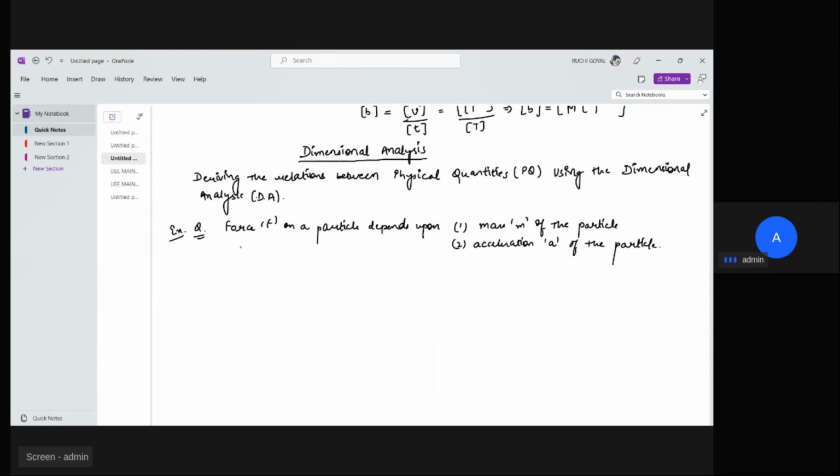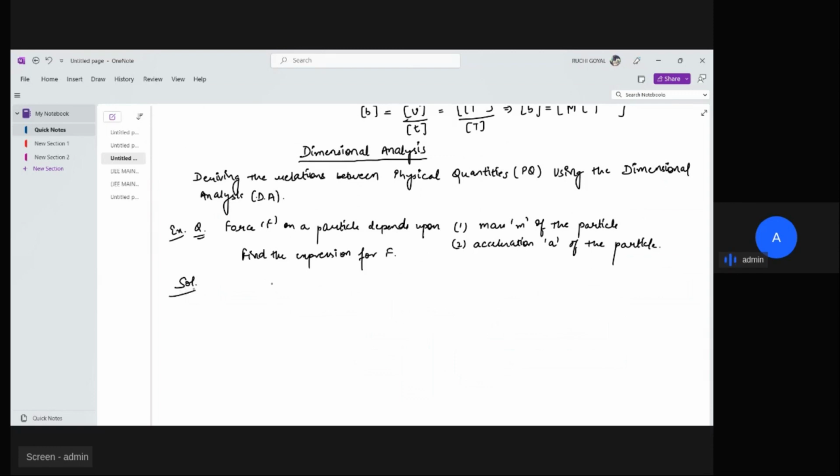We have to find the expression for force F. So what will be the solution? How can we find this?